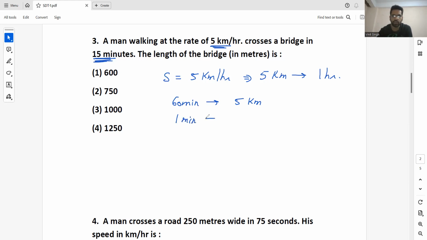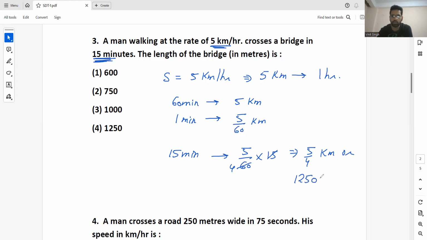In 1 minute he will cover 5 by 60 kilometer. Now in 15 minutes it will cover 5 by 60 into 15, means 5 by 4 kilometer. That is 1250 meters. After multiplying by 1000, we will get 1250. So the length of the bridge will be 1250.